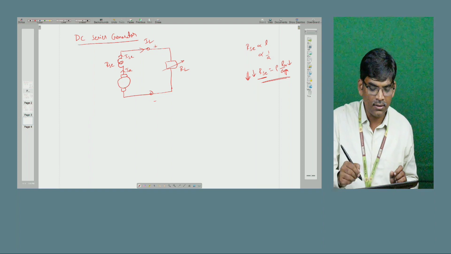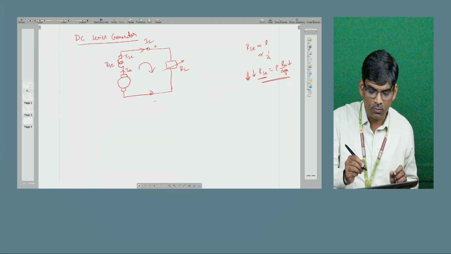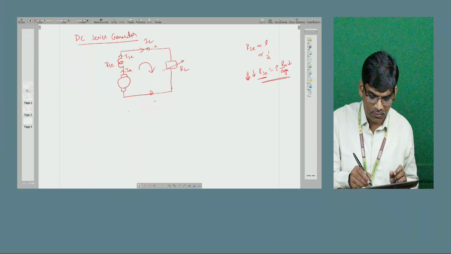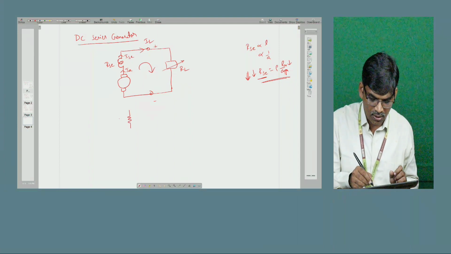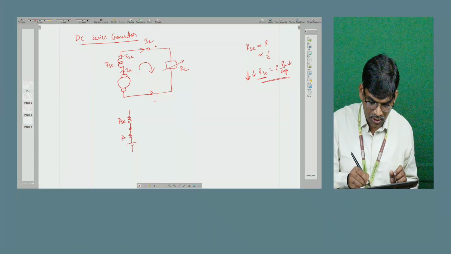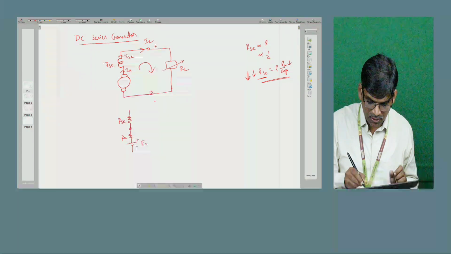You observe that the DC series generator has only one loop. So we draw the equivalent circuit. This is RSC, the field winding resistance, and the armature winding has some resistance RA and a developed voltage called EG.